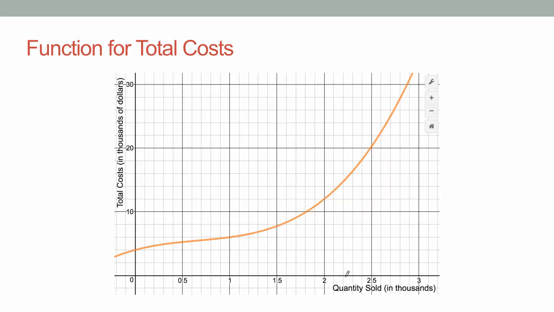All right, what do we have? Well, we can see that as I produce more and sell more goods, right? Again, on the bottom is still my quantity sold. As I produce and sell more, it's going to affect the total costs in thousands of dollars. The cost increases, but not much, and eventually it kind of slows down, and I can make more, and it doesn't really cost more, right?